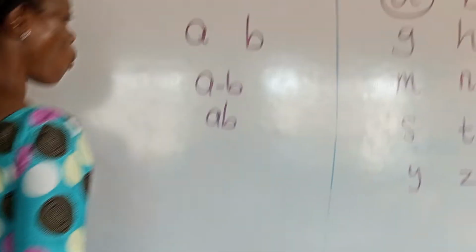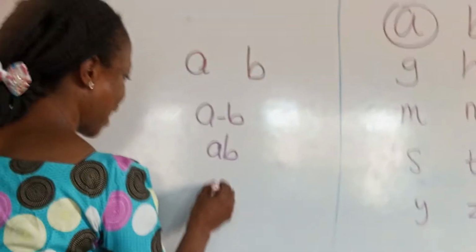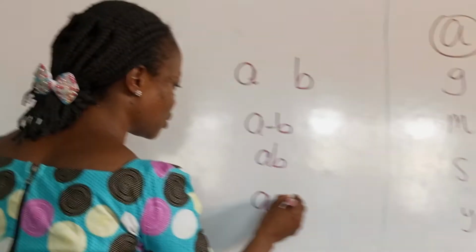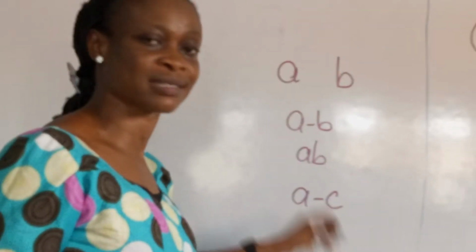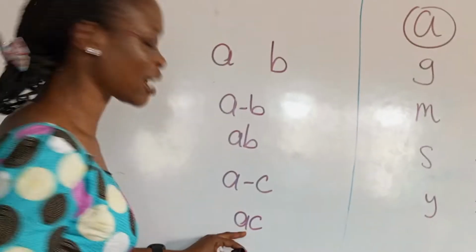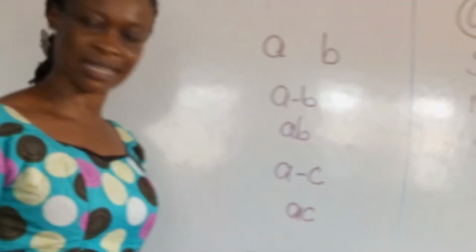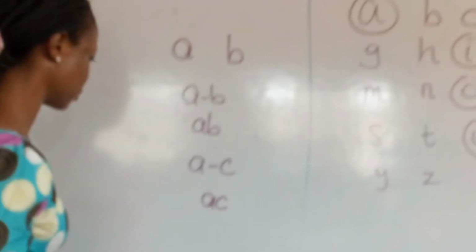Then, when we combine letter A, which has sound A, and letter C, which has sound K, we're going to have two sounds. That is what? Ak. What did I say? Ak. Have you seen that? Yes, ma'am.